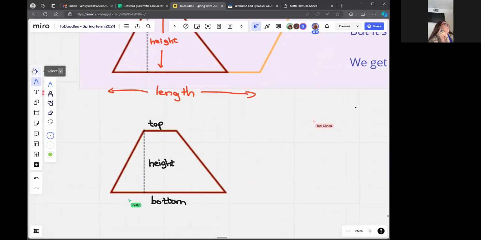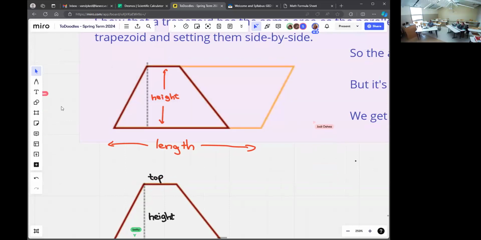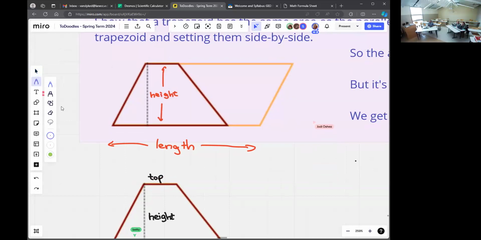So now I say that this was the bottom. And this bit here is the same as what used to be the top on the old one before I photocopied it. So when I add together the bottom plus the top, that gives me the length that I want across the whole bottom.